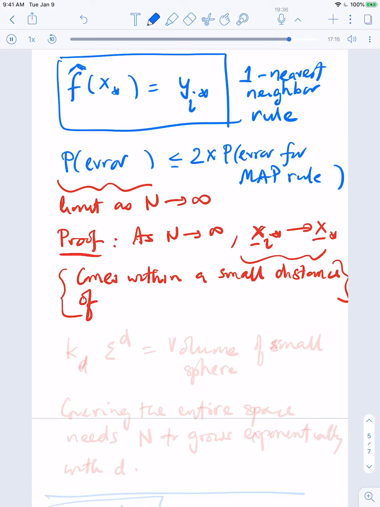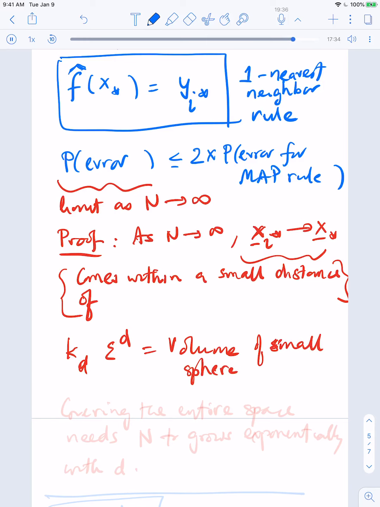So here again epsilon to the power of d is the volume. Or let's say I'm talking about the Euclidean norm. K sub d times epsilon to the power of d is the volume of the small sphere that I'm talking about.